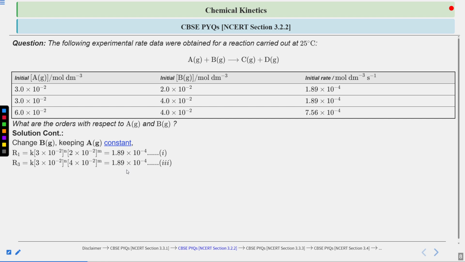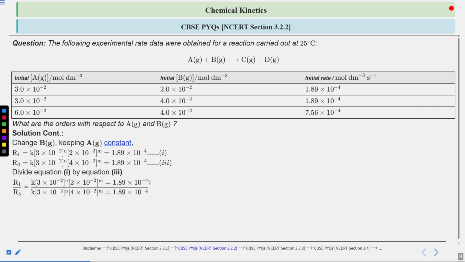Now we do similar steps here: divide the first equation by the third equation. So R1 by R3 becomes K by K. The concentration of A is kept constant, so it is the same in the numerator and the denominator, and the B concentration is changing twice from the numerator to the denominator.